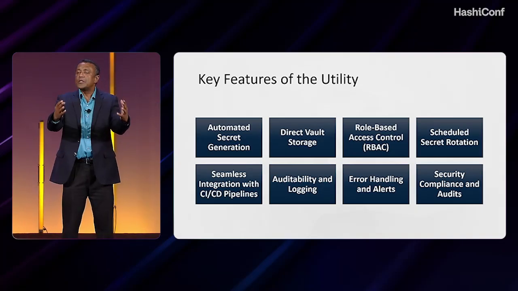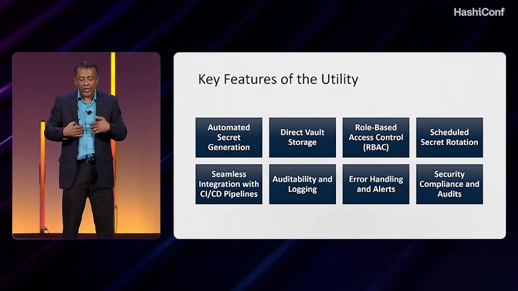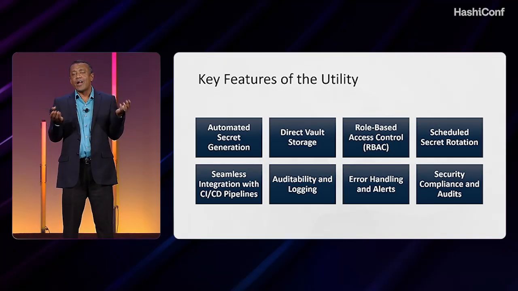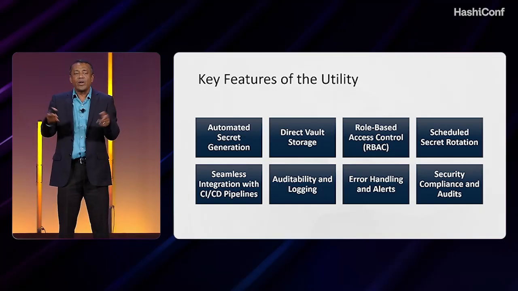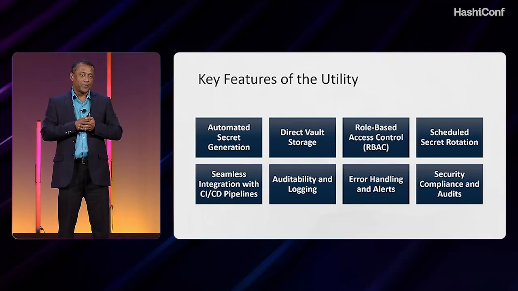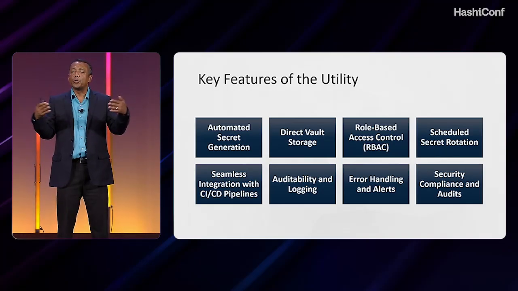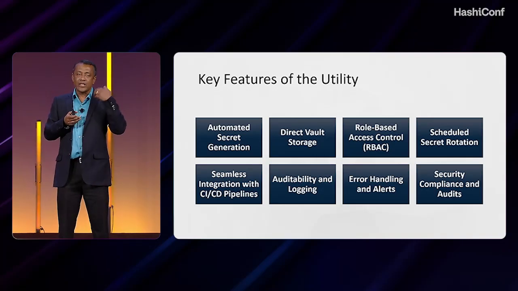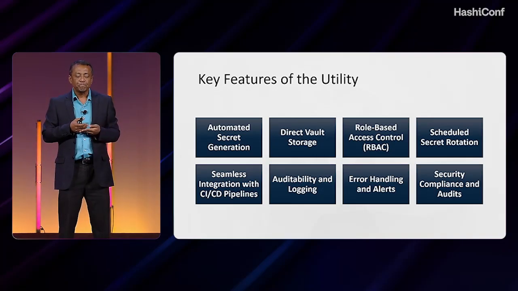If this utility is part of the pipeline, then accessing the pipeline is also a control. That means you are not running this utility from your laptop everywhere, say while you're at a conference, and changing the password there. So the utility can provide these three levels of control, and that is one of the huge advantages we have seen of the utility.